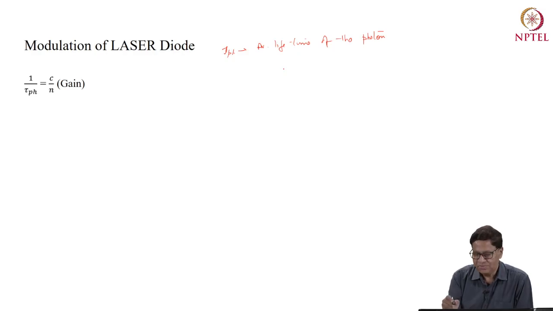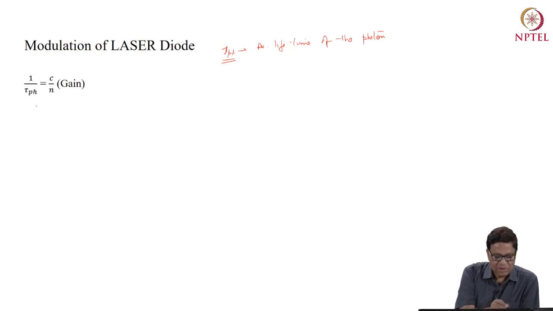So τph is called the average lifetime of the photon before it comes out or gets absorbed inside the material. That 1 by τph is given by c by n into the gain.